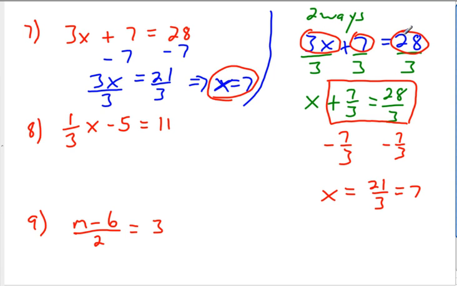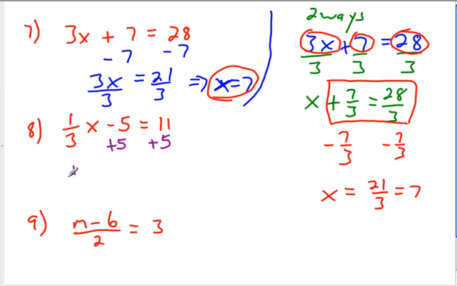Okay. So back to number 8, or down to number 8. So again, you can multiply everything by 3 over 1 first, but the recommended way is to deal with this -5 first. So we'll add 5 to both sides.